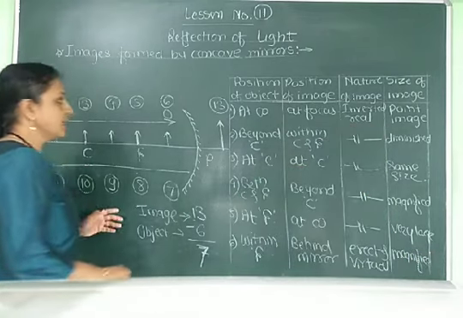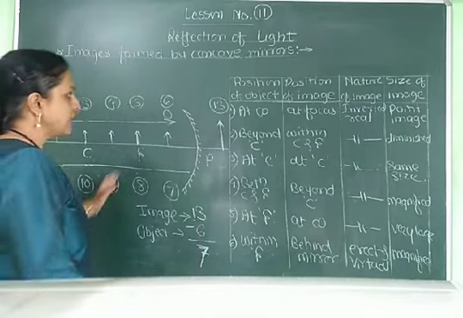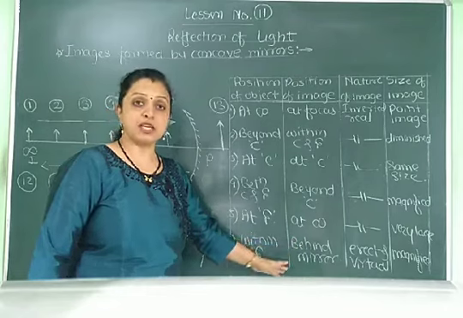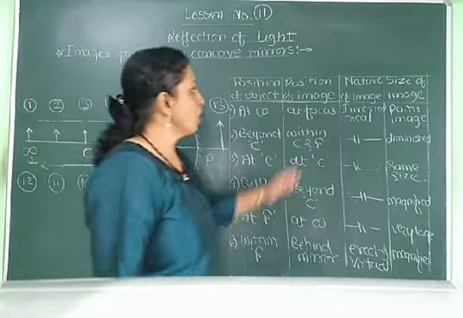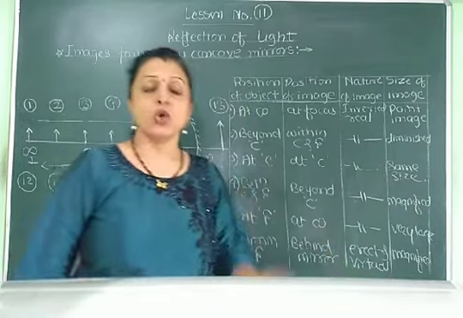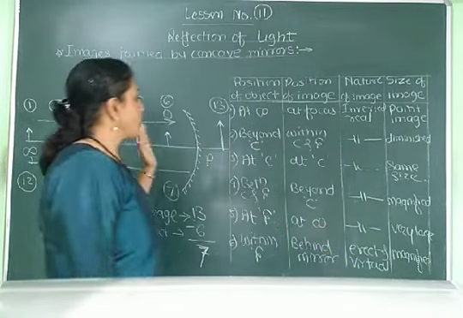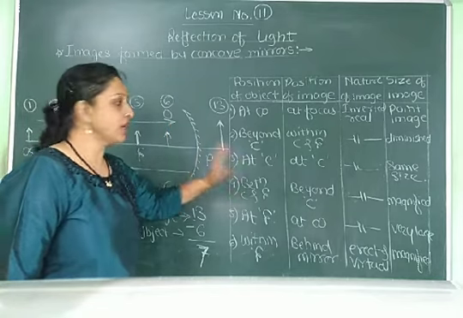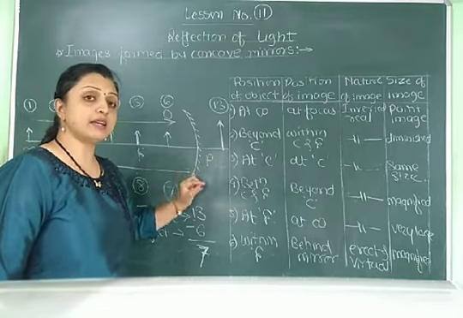So in this lecture we have studied that if we change the position of the object, what will be the position of the image, the nature of the image, and the size of the image. One more thing you have to remember: all the images formed behind the mirror are erect and virtual.